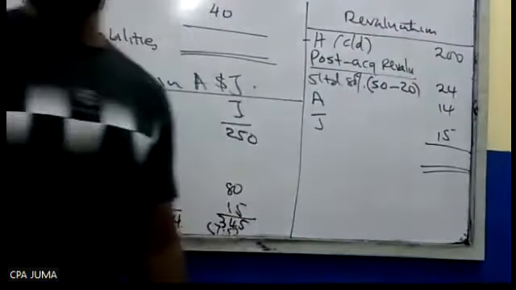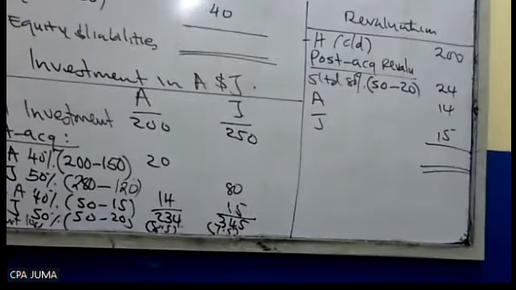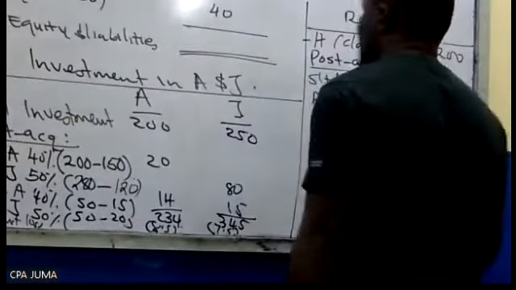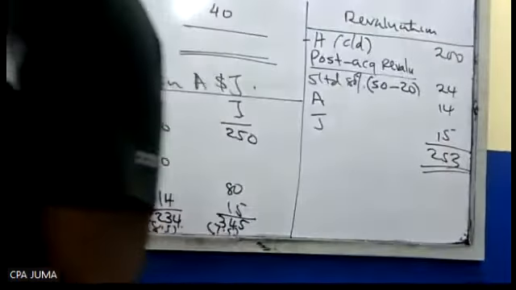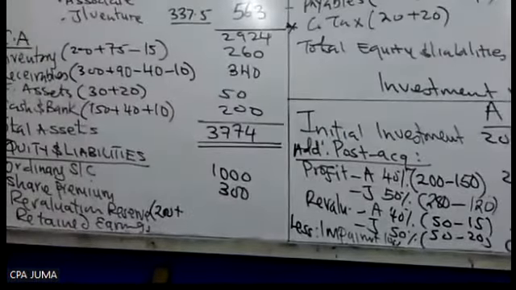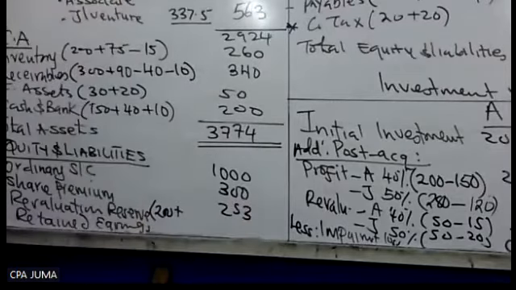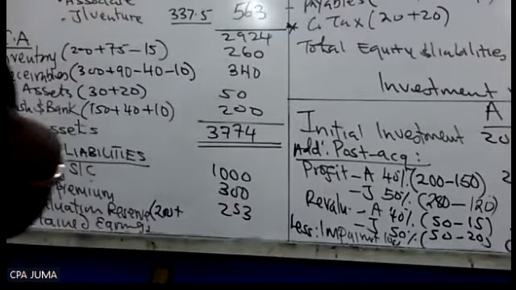That is the total consolidated, 253. That is what you capture in the consolidated. So revaluation 253. We are remaining with the NCI, then retained earnings.